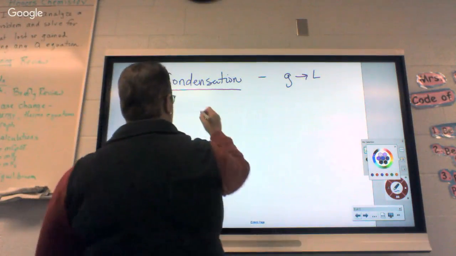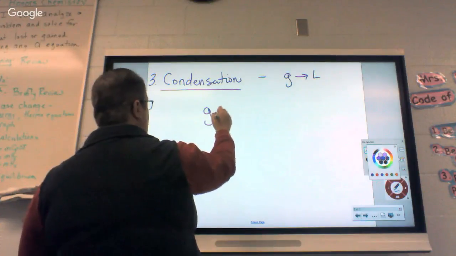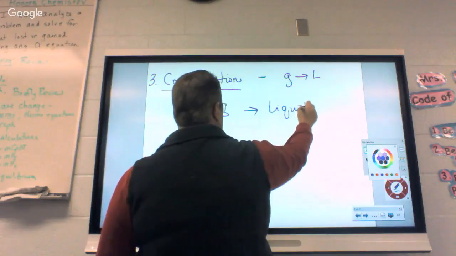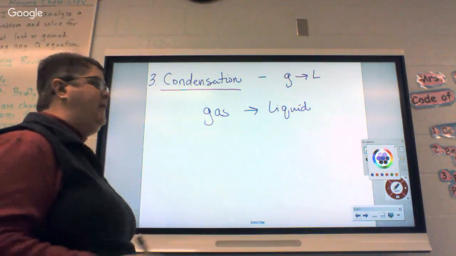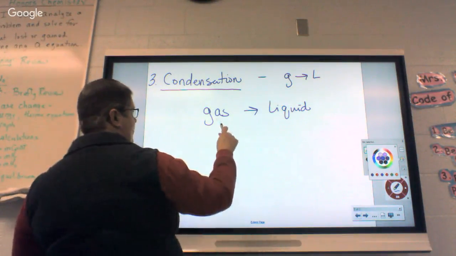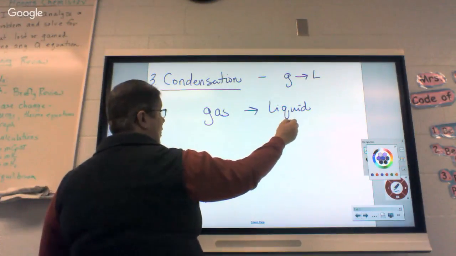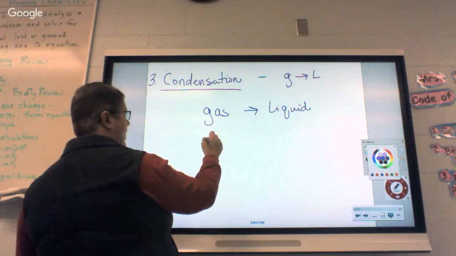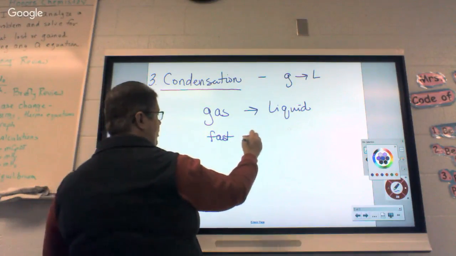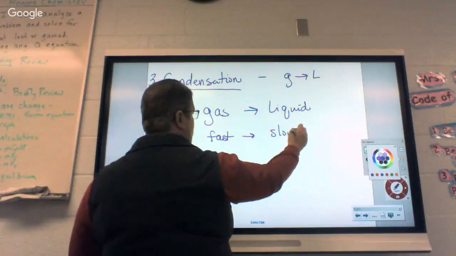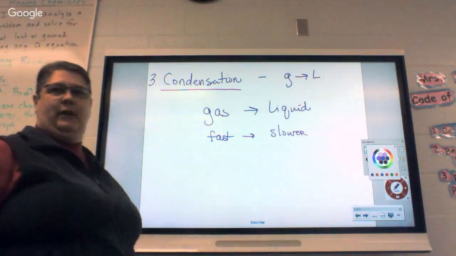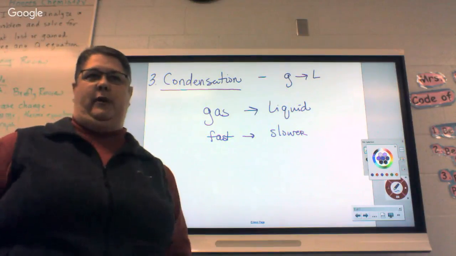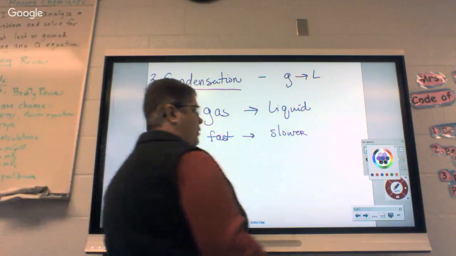If we have a gas and we change to a liquid state, the particles are moving really fast, and they have to slow down to become a liquid. So they have to go from fast to slower, right? What do you need to happen for the particles to go from fast moving to slower moving? They got to lose heat.